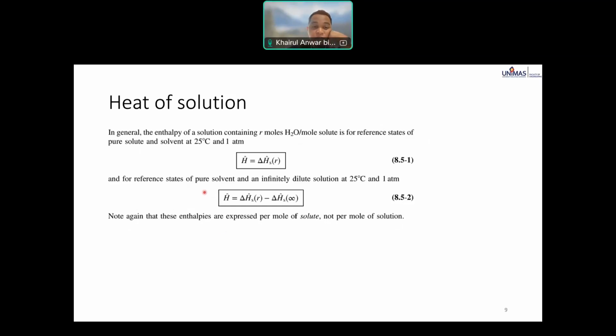And for reference state of pure solvent and infinitely dilute solution at 25 degrees C, we have specific enthalpy H equal to delta Hs at r minus delta Hs at r equal to infinity. Note again that this enthalpy is expressed per mole of solute, not per mole of solution. The solutes in Table B.11 are HCl, NaOH and H2SO4, limited to these three components.